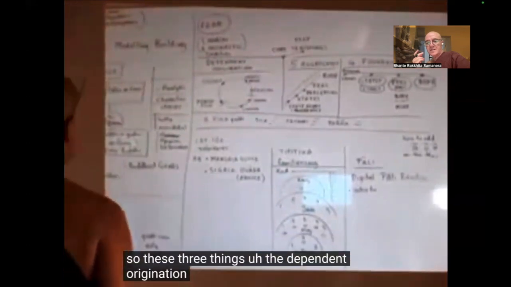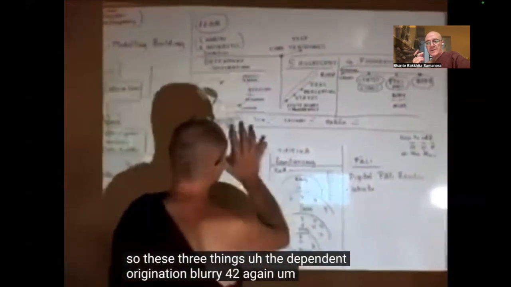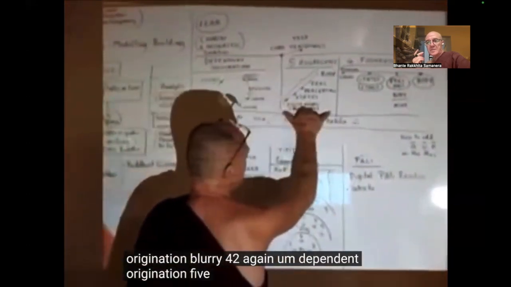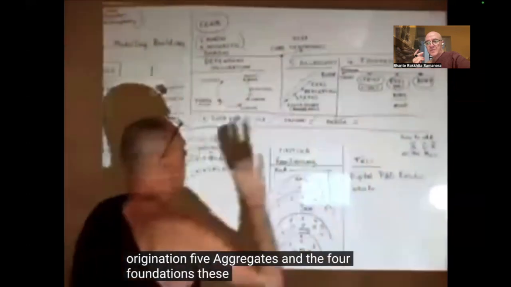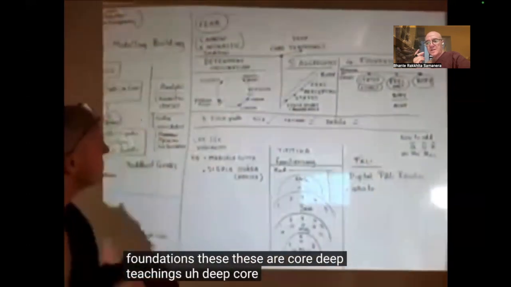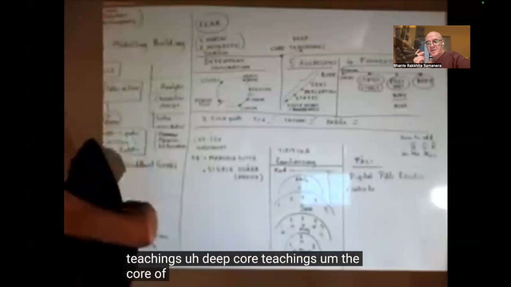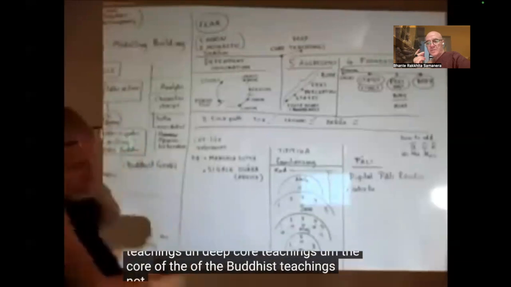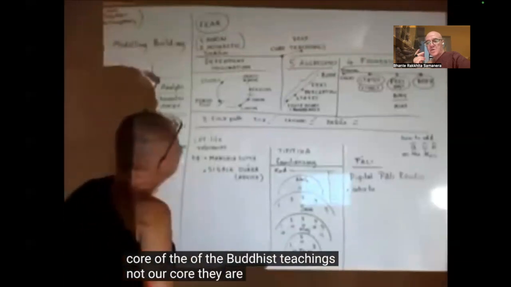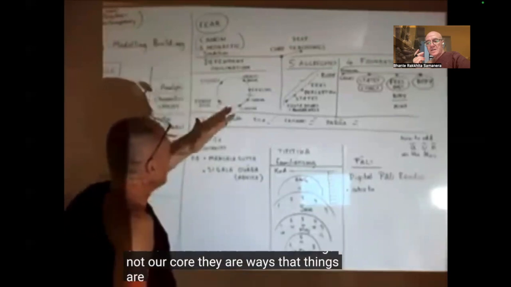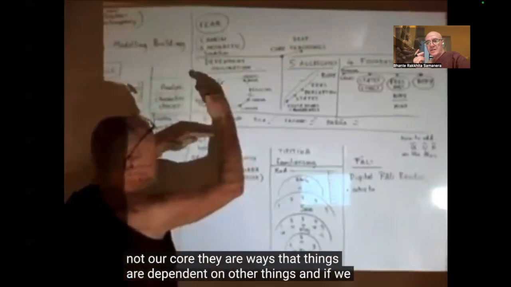These three things, the dependent origination, the five aggregates, and the four foundations, are core, deep teachings, the core of the Buddhist teachings, not our core. They are ways that things are dependent on other things.